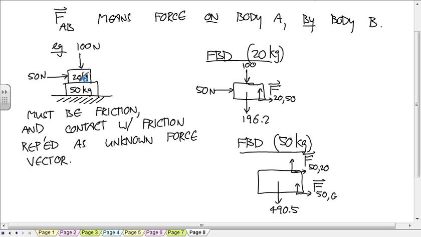We know that if this is in static equilibrium, there has to be a force going to the left to counteract this 50. So if you didn't have the 50, then you could be reversed normal force. That's right. What if you had two 50s pushing in opposing directions?